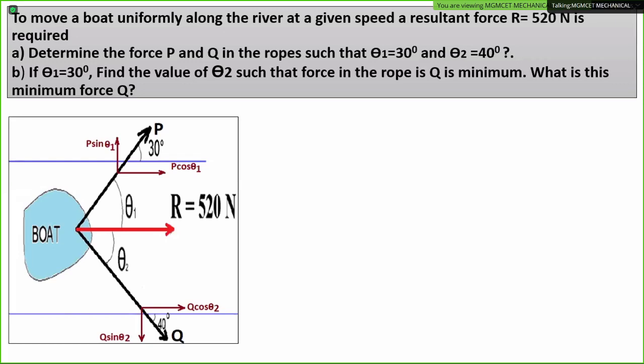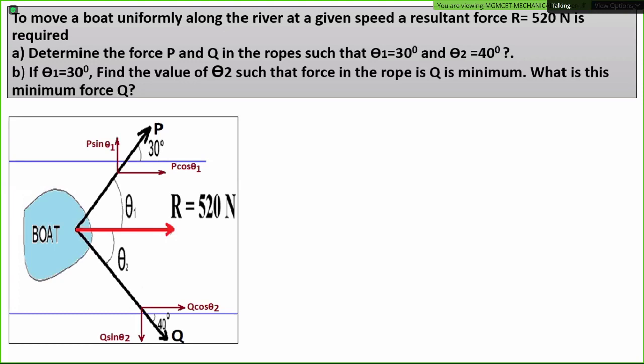If any vertical force is given, what is the x component and y component? X component is 0 and y component will be the force itself, and sign depends upon how it is passing, whether upward or downward. Upward है तो positive, downward है तो negative.